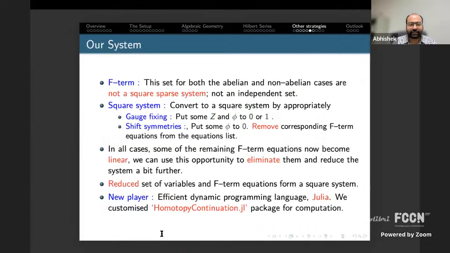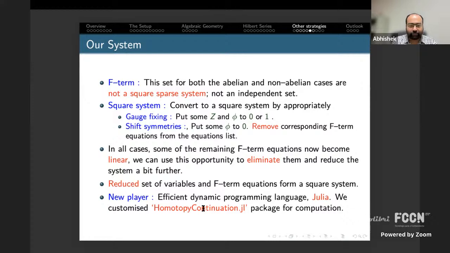So for our system, our system doesn't automatically come as a square sparse system, but after gauge fixing and using the shift symmetries and so on, you can make it a sparse system that is a square system. And there are some other simplifications that can be done.